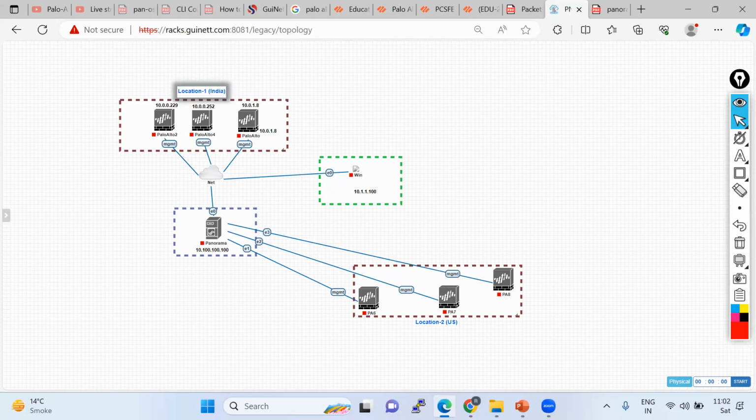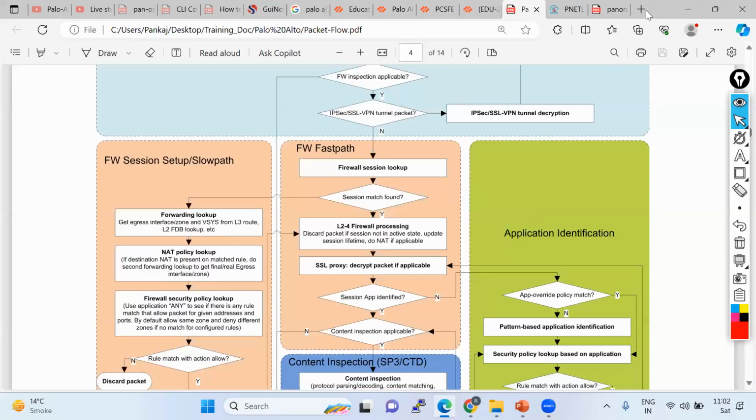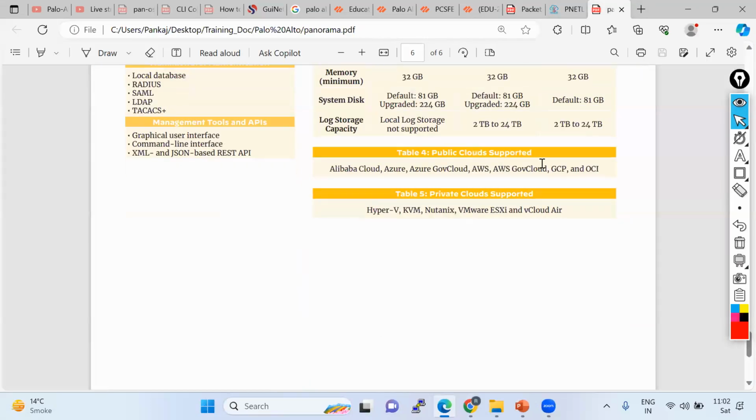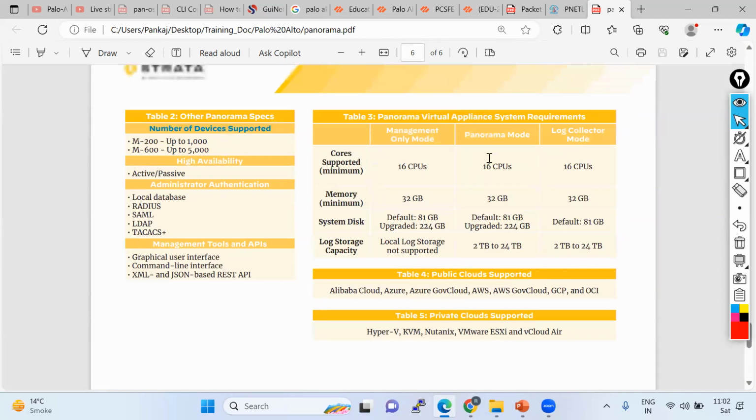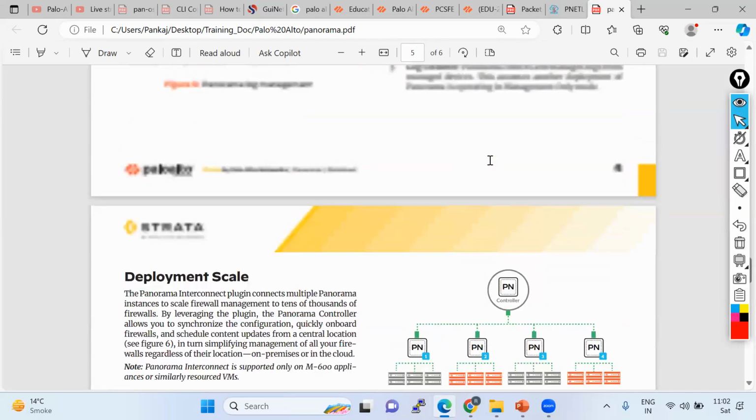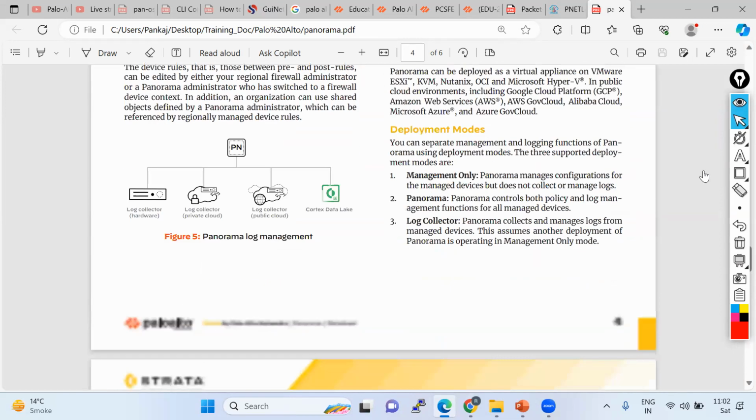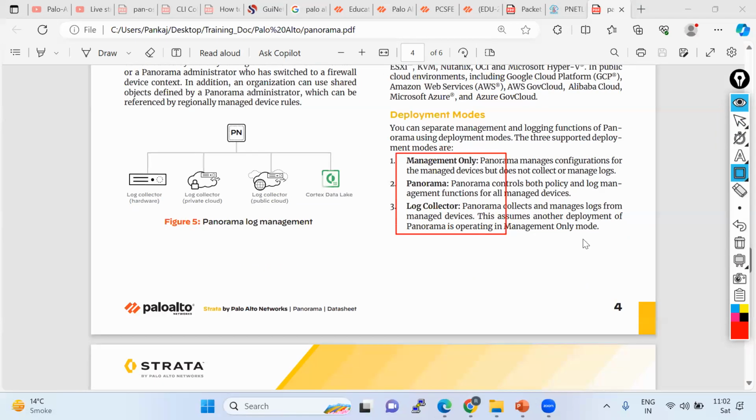Sir, is Panorama for managing the logs or managing the configuration? Like in Fortinet, FortiManager is for managing the configuration and FortiAnalyzer is for logs. So in Panorama, are both working, or only configuration management or log management? If you deploy Panorama in management only mode, it only manages the configuration. If you deploy in Panorama mode, it can manage both the configuration and the logs.